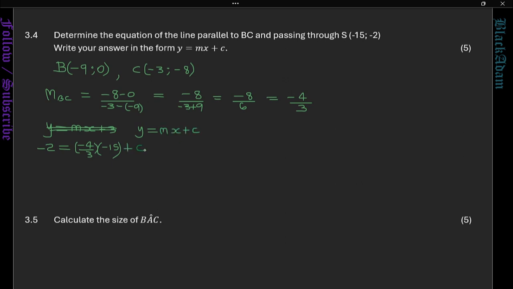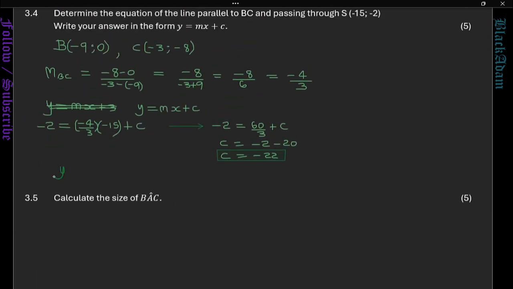So we're solving for c, and that means we have negative 2 is equals to, that will be positive 60. 4 times 15 is 60, so it's negative 2 equals positive 60 over 3 plus c. So c is going to be negative 22.